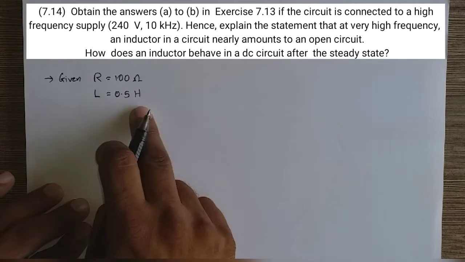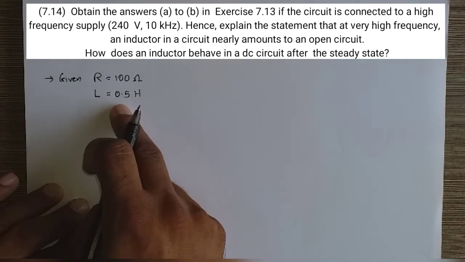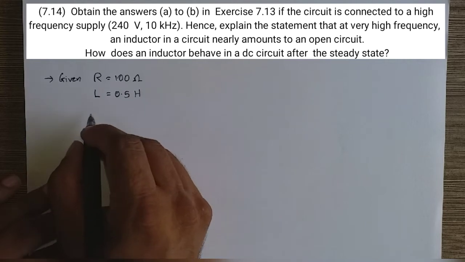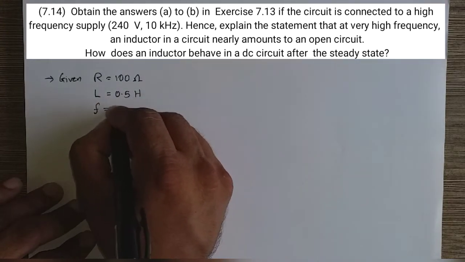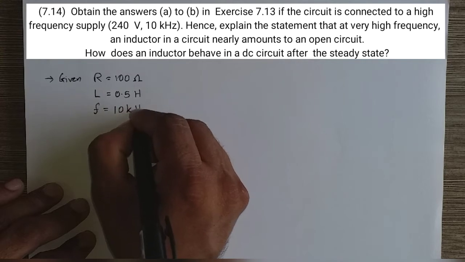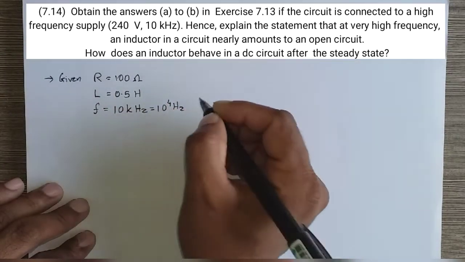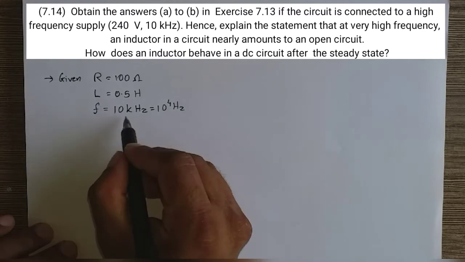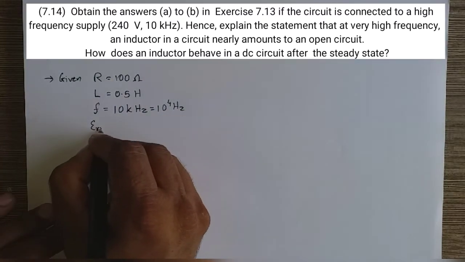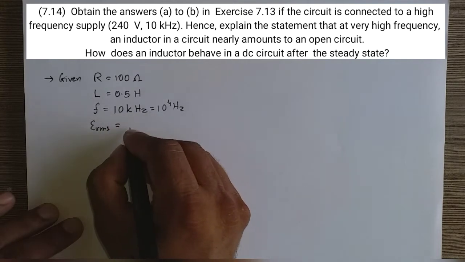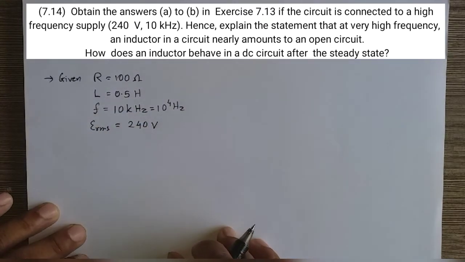This is what is given in 7.13, but this 7.14 question depends upon the 7.13 values, and the frequency is very high in this question, which is 10 kilohertz. Kilo means 10 raised to 3, and with 10, it is 10 raised to 4 hertz. Now the epsilon RMS value is 240 volt. This is what is given.